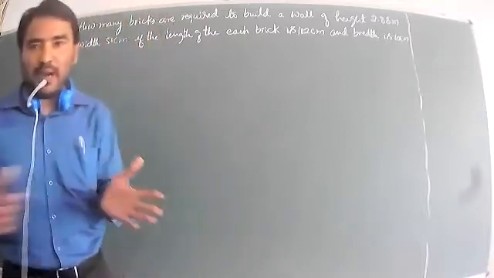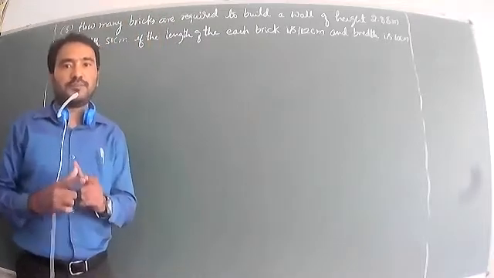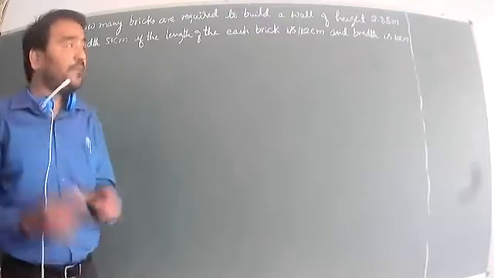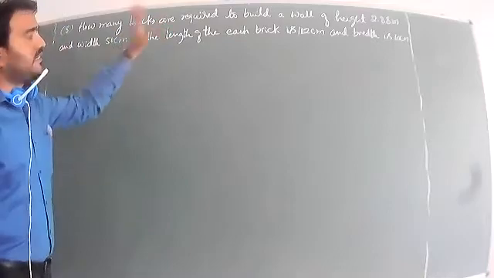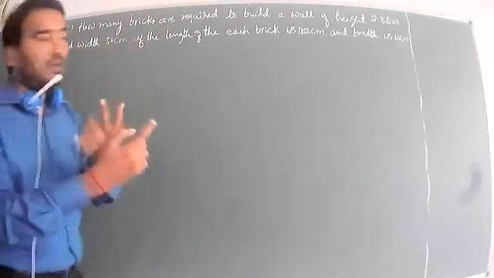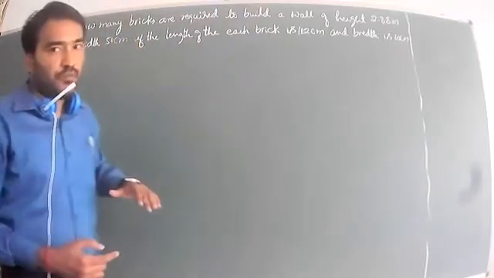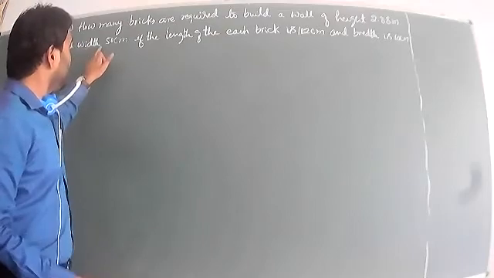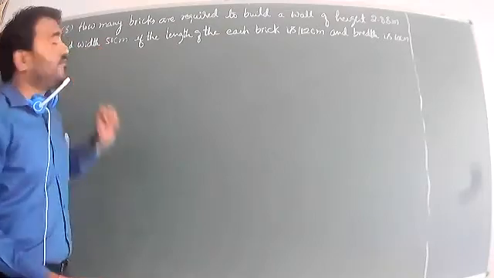So you have to follow the same pattern. Here we have to find the two areas. How many bricks are required to build a wall of height 2.88 meter and width 50 centimeter?